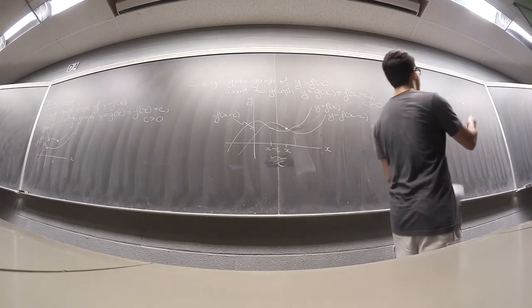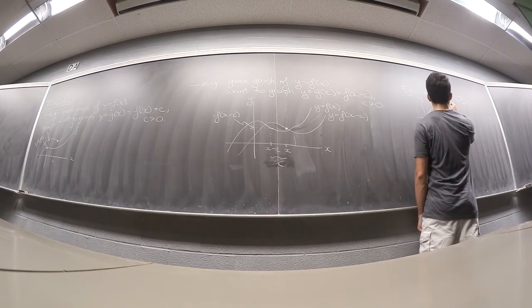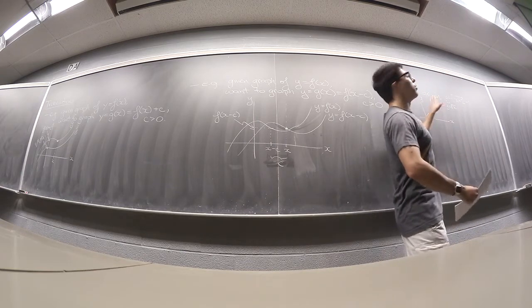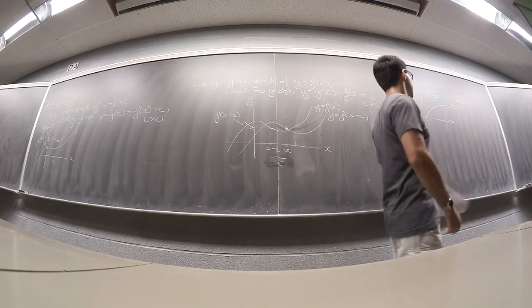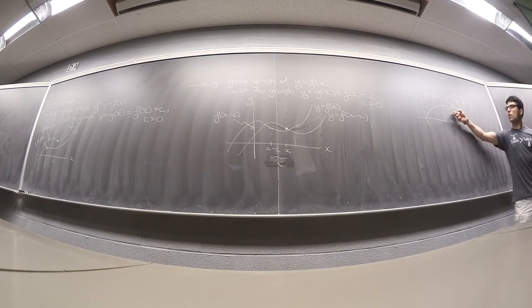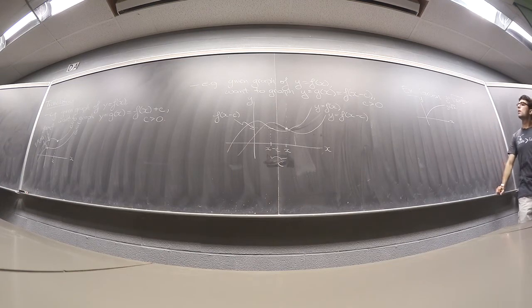So let's start with the graph of the square root of x, which looks like that. You can put some sample points on there and then draw a curve through them. That makes sense. So what do I have to do to this graph to get the graph of this? Move it 2 units to the left, and down 1. Excellent.